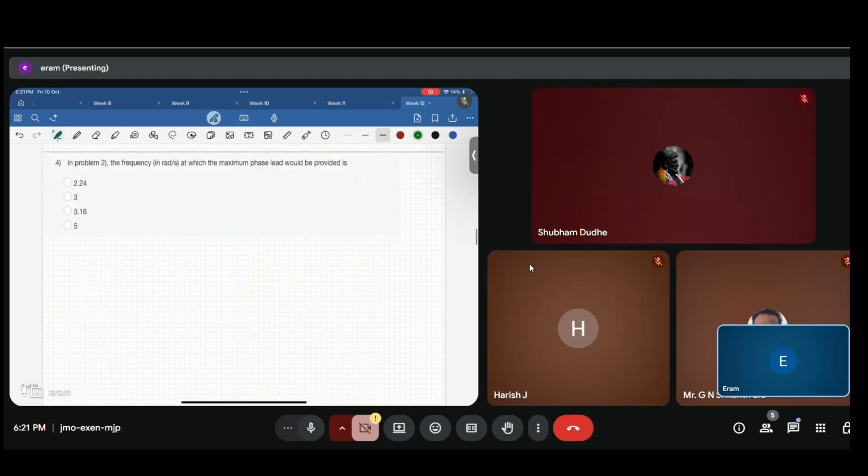Okay. And calculate the frequency at which this maximum phase lead would be provided. What will be omega m? At which frequency will this maximum phase be given?